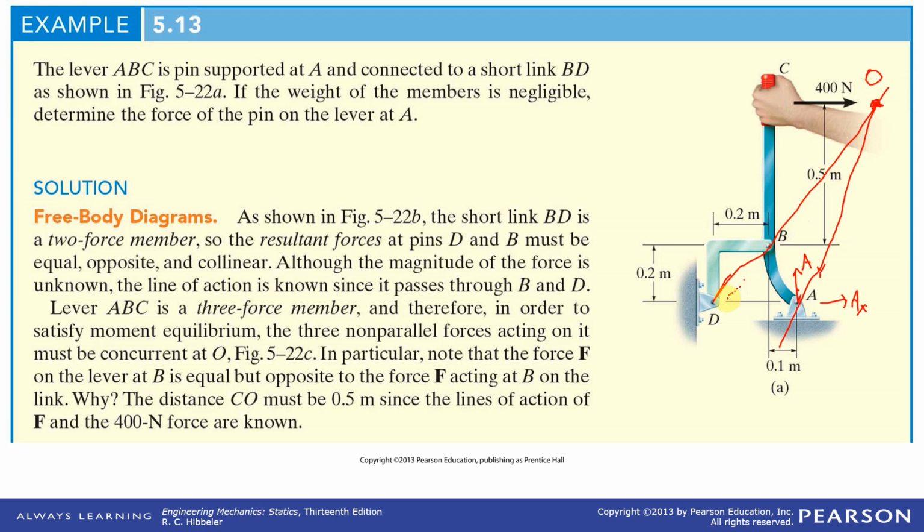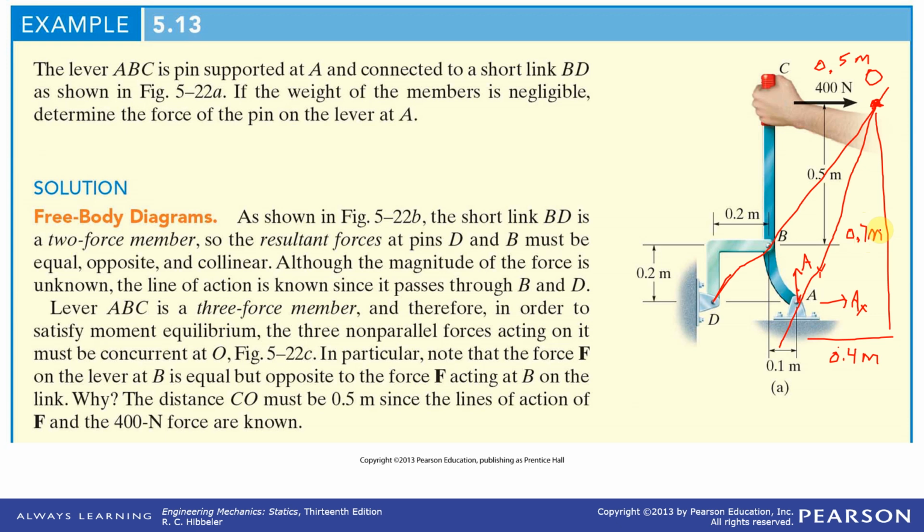which is at 45 degrees, 0.2 meters here, 0.2 meters here, 0.5 meters here, 0.5 meters. And then A is 0.4 meters to point O, and then 0.7 meters up. Okay.